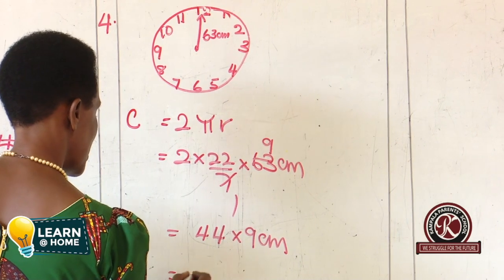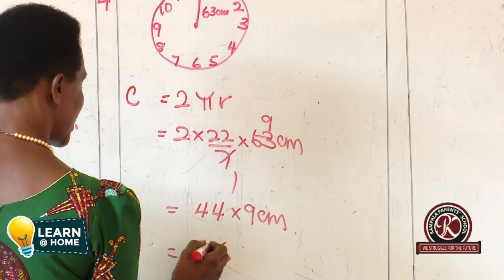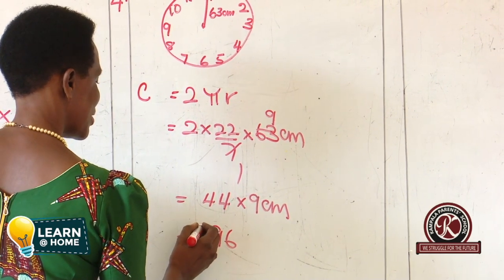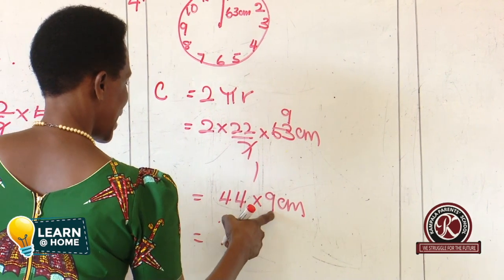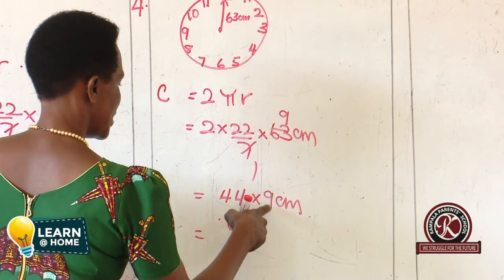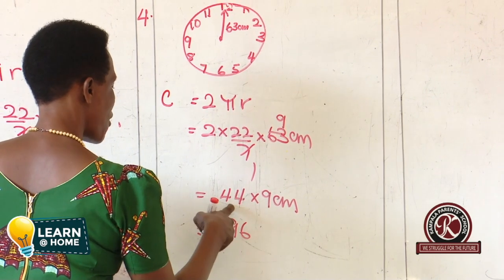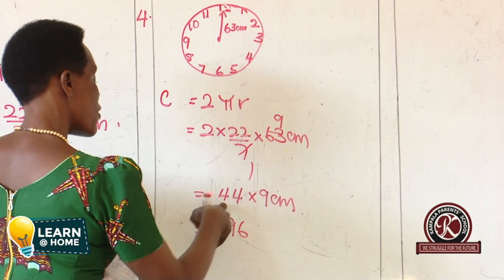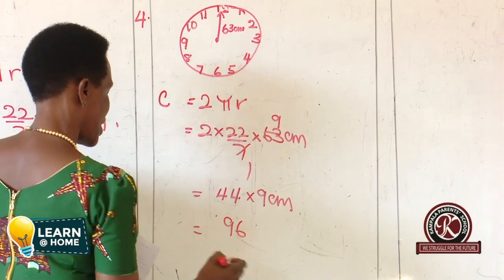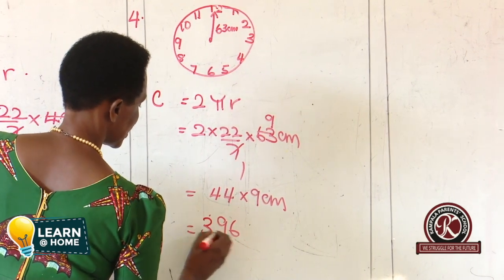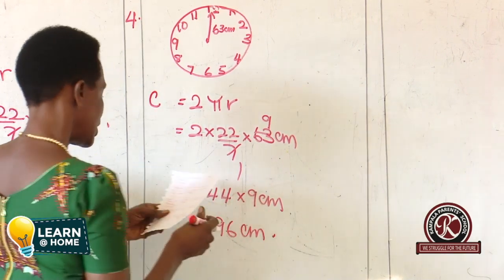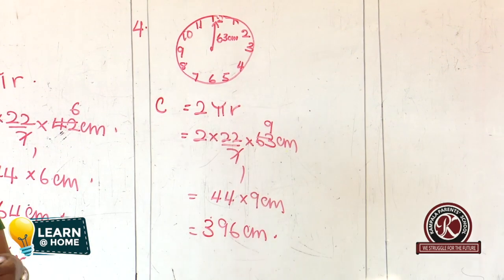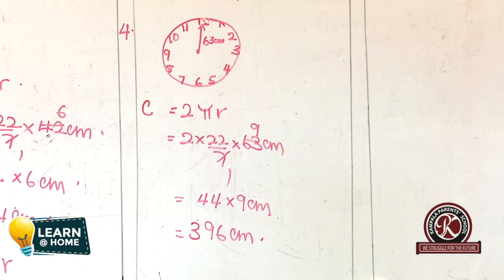So we have 6, 9. What do we get? 9 times 6, 36, write 6. 9 times 4, 36 plus the 3 you have carried, 39. That was somebody's question.